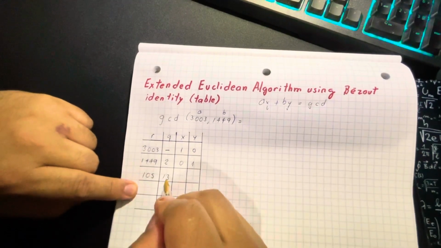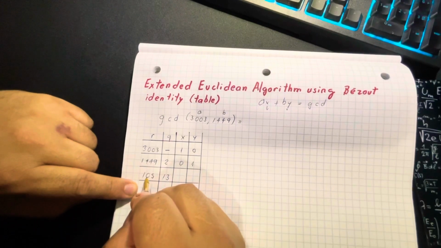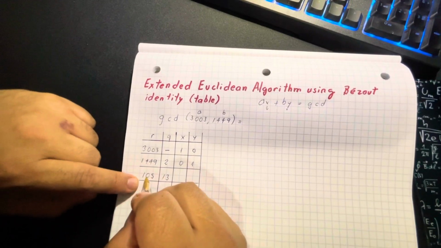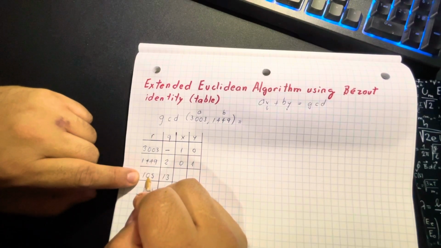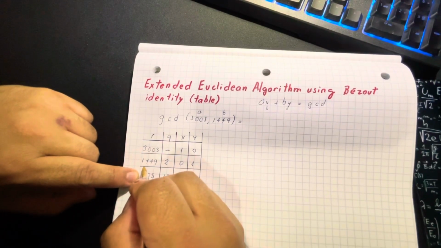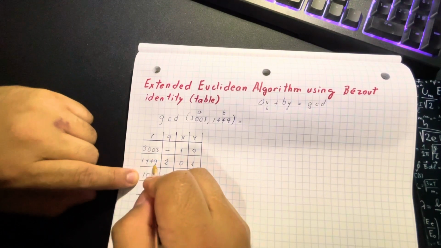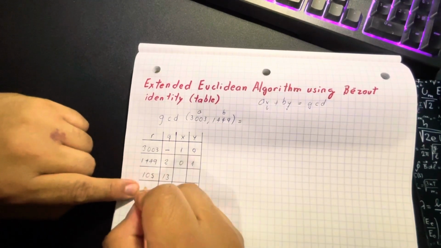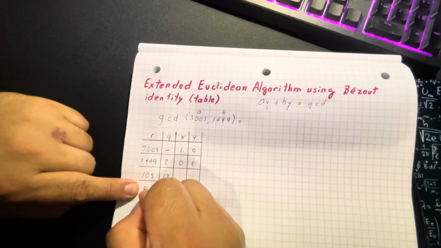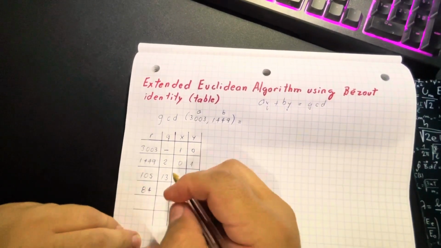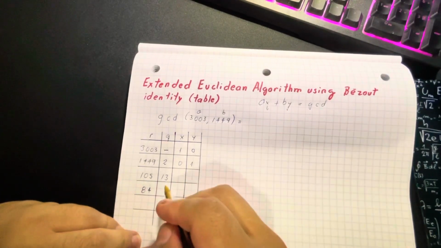You multiply 13 times 105, you're gonna get 1365. You subtract 1365 from 1449, you're gonna have a remainder of 84, right? Okay, I hope you're following.